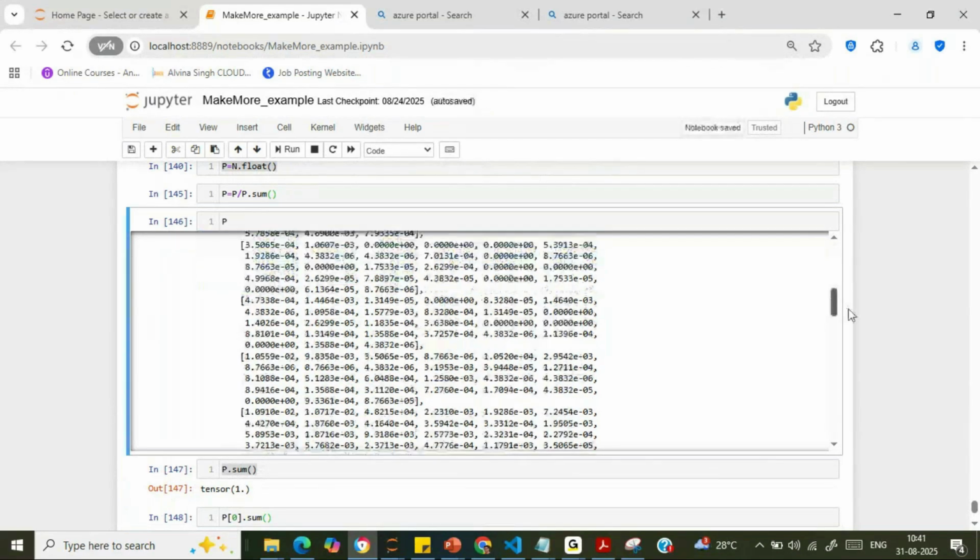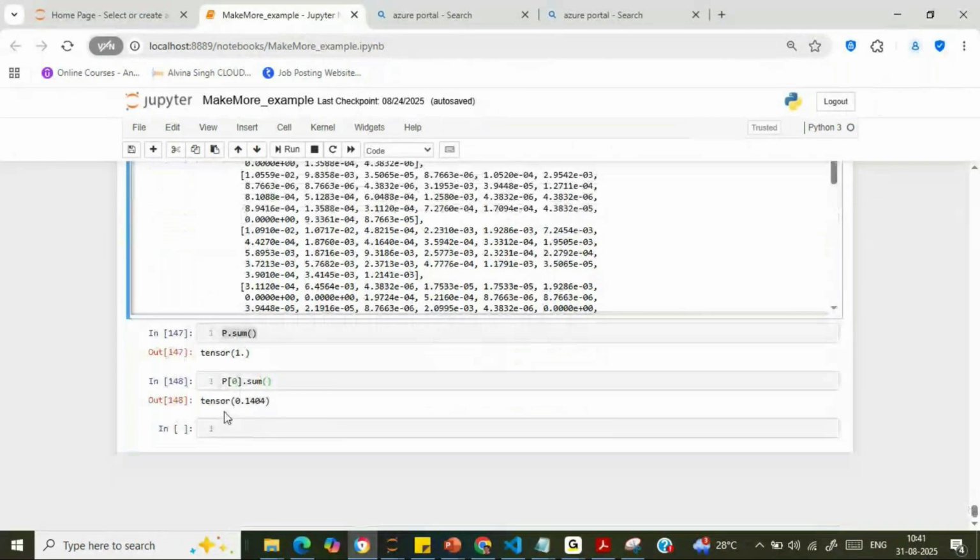Now what I need to do, so this is denoting the probability of each and every letter. Like if I'm providing a, S will be coming, so what will be the probability? So we are able to get the probability based upon the letters.